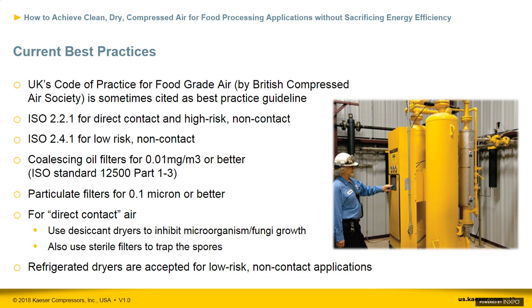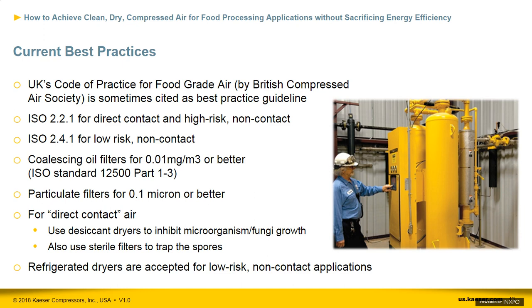In the absence of specific guidelines, some compressed air equipment vendors and consultants are turning to guidelines being used in the United Kingdom. As a general rule, ISO class 2.2.1 makes sense for direct contact air and high-risk indirect contact.